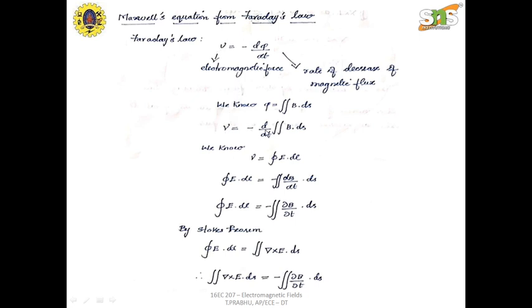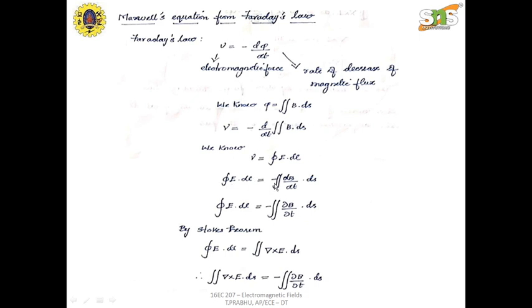Therefore, V is equal to minus d by dt of the integral of B dot ds. And we know from the line integration of the electric field, V is equal to the closed path integral of E dot dl. Therefore we are substituting the equation here.